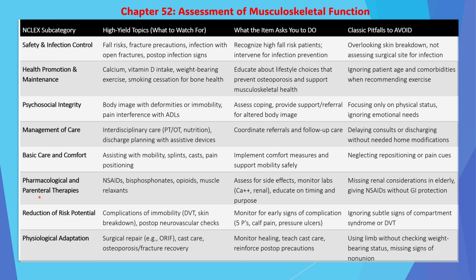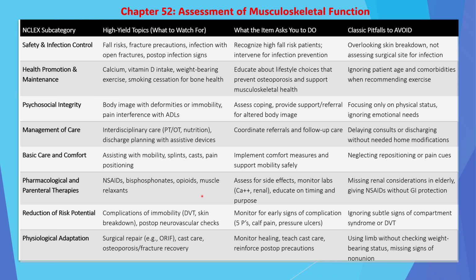Pharmacological and parenteral therapies, the NSAIDs. Here it's the bisphosphonate. Be careful when you give this. You need to know what time of the day you give it, for how long. Opioids give constipation, right?